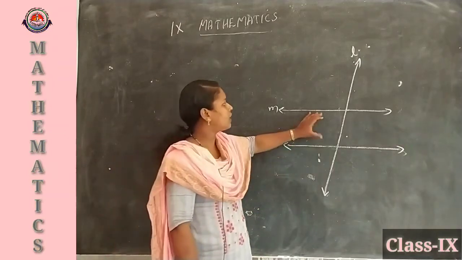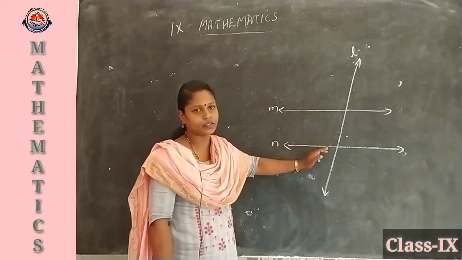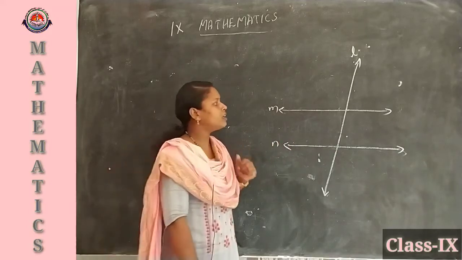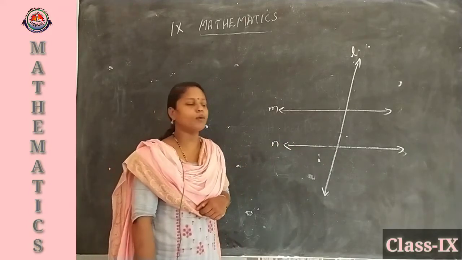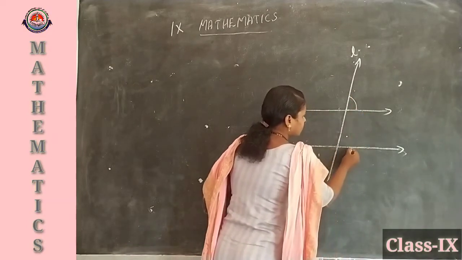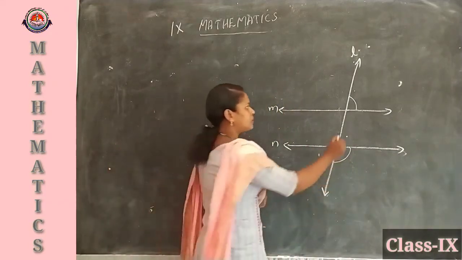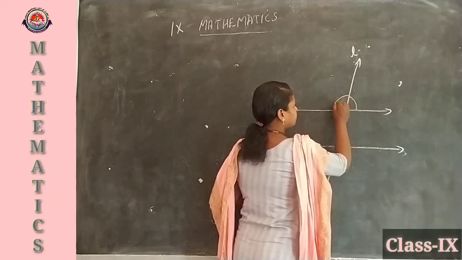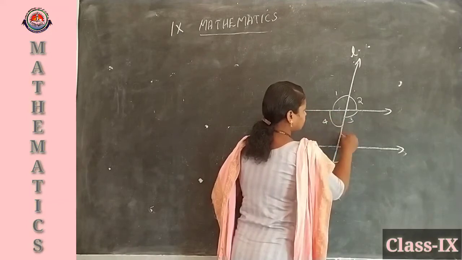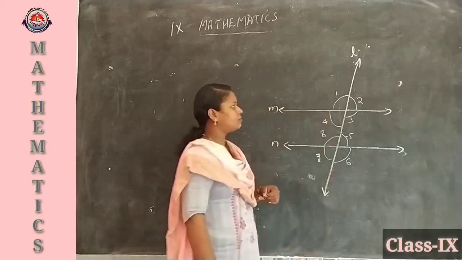Here we have two parallel lines, M and N, and one transversal L. If a transversal intersects two parallel lines, then each pair of corresponding angles is equal.